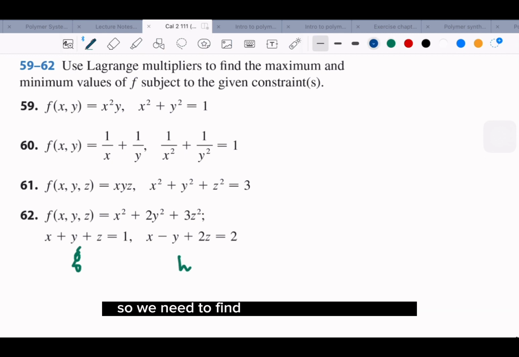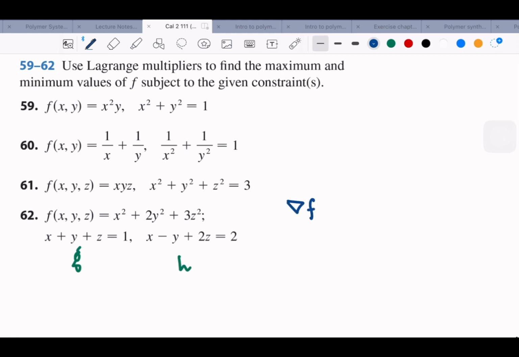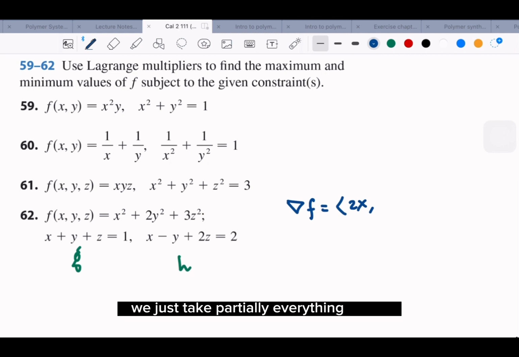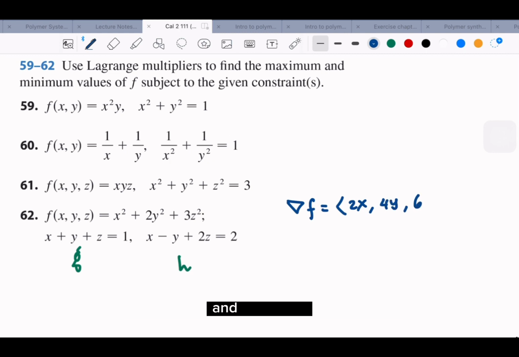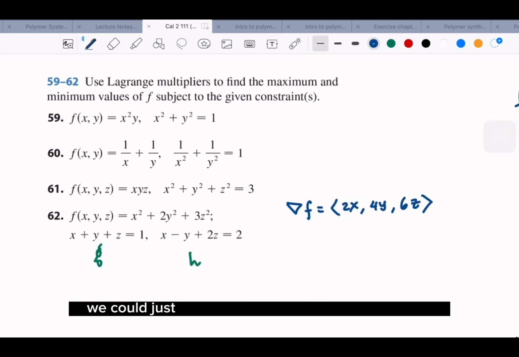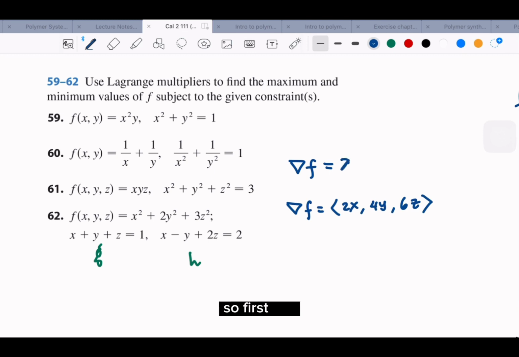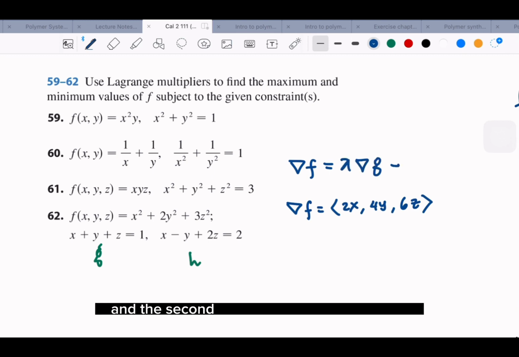So first we take the del f, or gradient f. That is quite simple. We just take partial derivatives of everything inside. And then we describe here the constraints: the first is g and the second one is h.